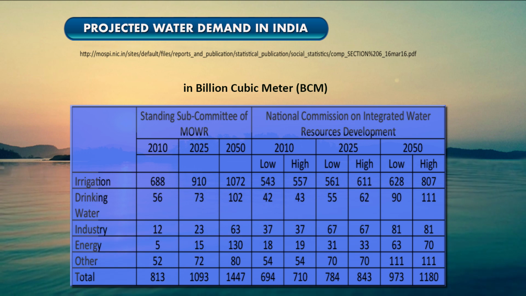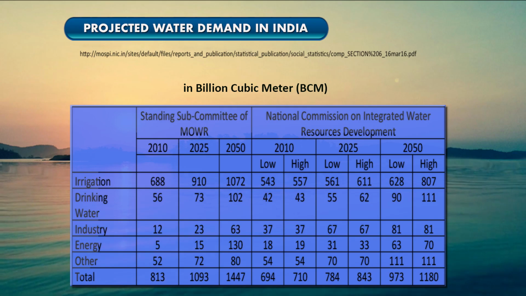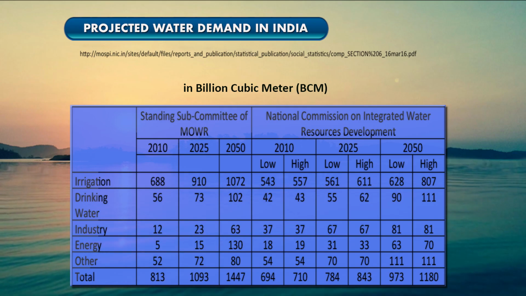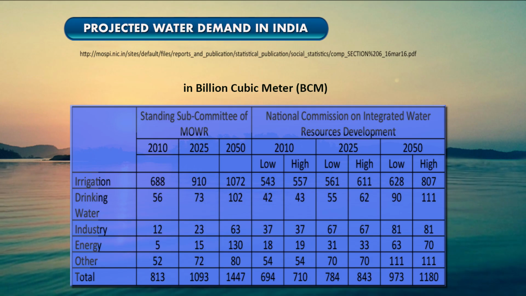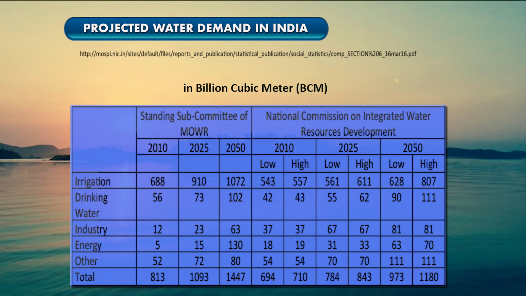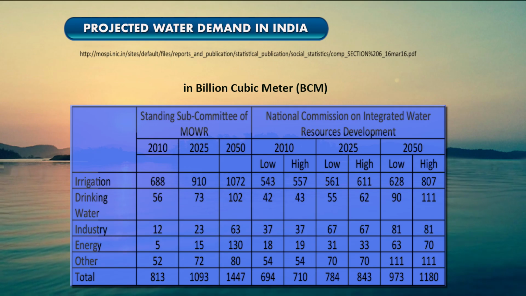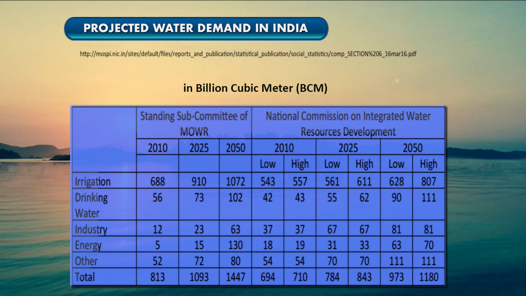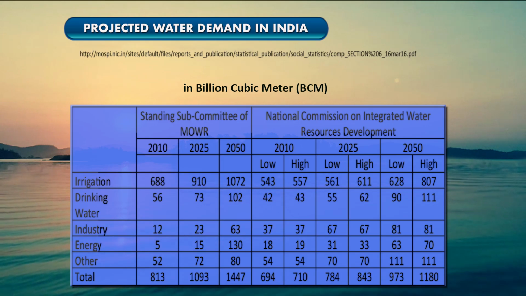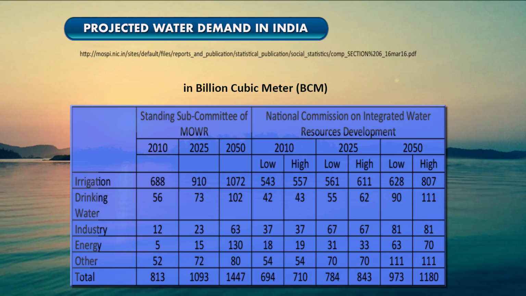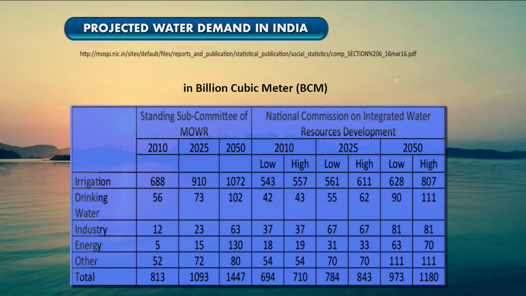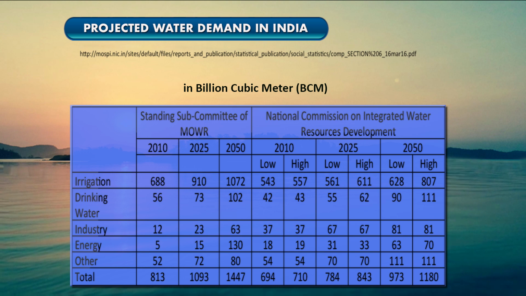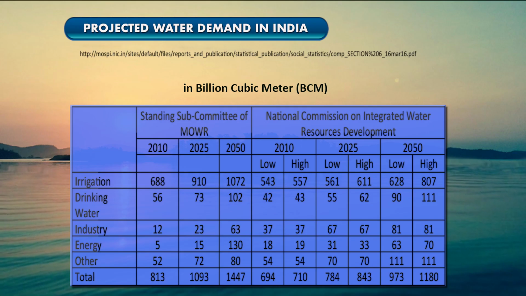In a similar manner, the demand for drinking water is also increasing, and the industrial demand is also increasing. There is a lot of increase in the water demand for energy production. In the year 2025, the projected demand for the energy sector is 15 billion cubic meters, which increases to 113 billion cubic meters. So there is a large increase in water requirement in the energy and other sectors.